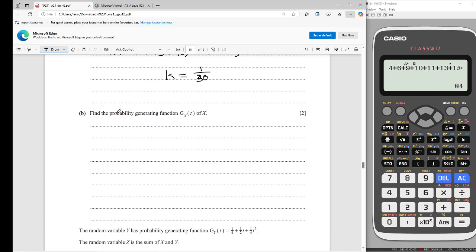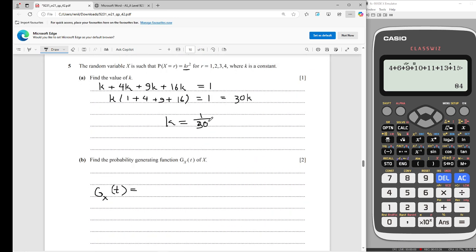Find the PGF. Okay, this is quite straightforward actually. We're just going to pair it up with the values of r here. So we're going to have 1 over 30. When r equals 1, we have k, k being 1 over 30, and since r is 1, our t is also to the power of 1. It's going to be t, and similarly we just repeat for the others.